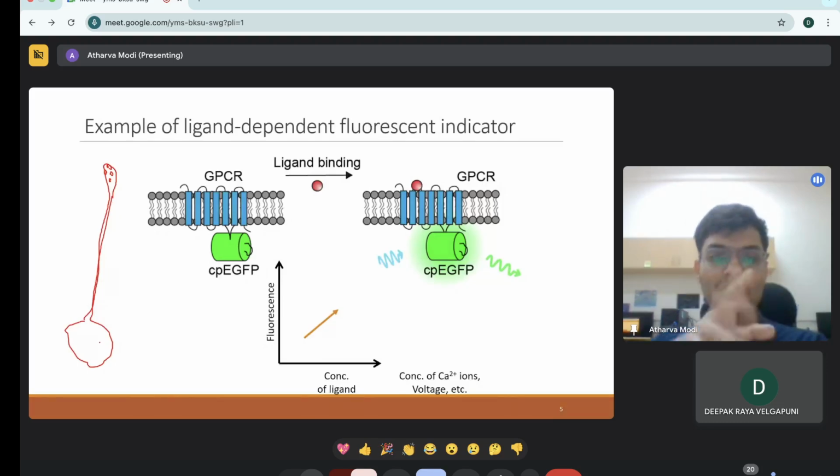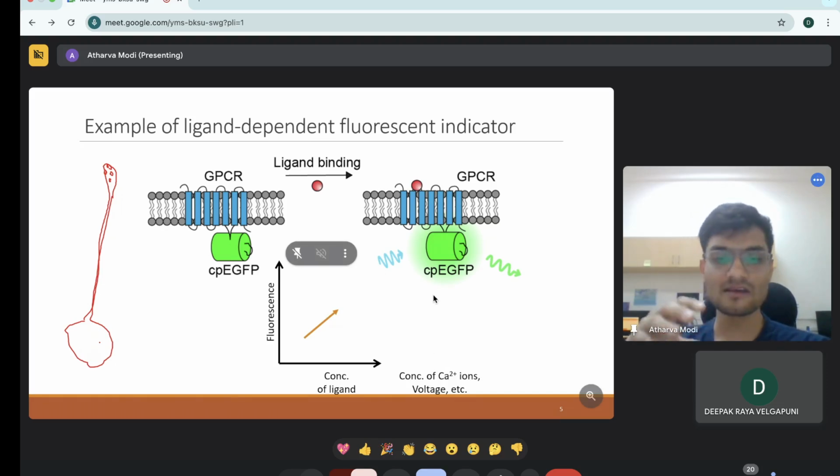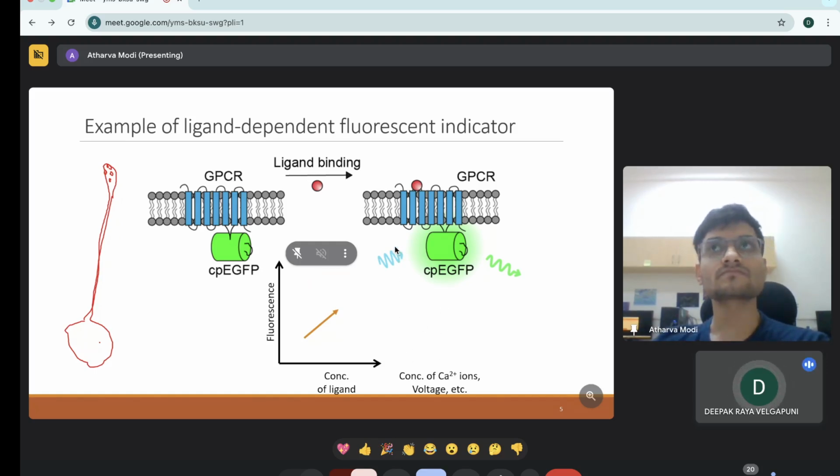So the important thing is that we should have this kind of fluorescent indicator inside the brain, in the regions where we expect the analytes, whatever we want to measure, to change. Can you just explain what this blue waveform is here? Is this a light from external sources?